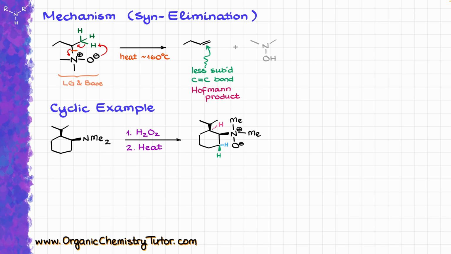And since this is a syn elimination, my oxygen is going to come in and pull off the green hydrogen specifically, because that is the only syn hydrogen available to us, and in this case we are going to get the following final product.